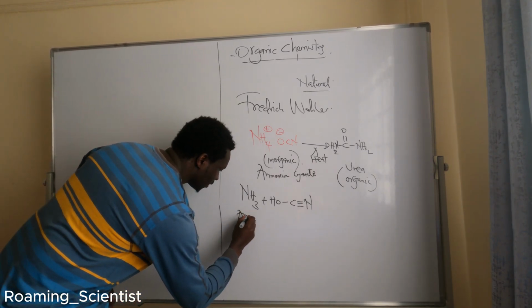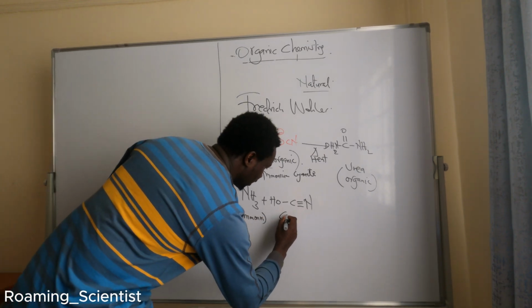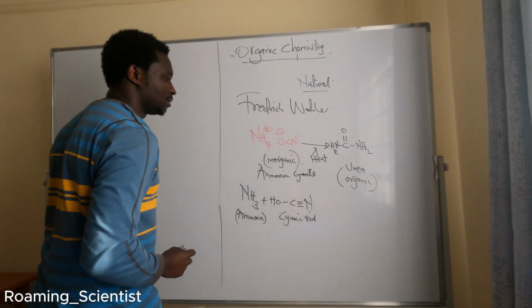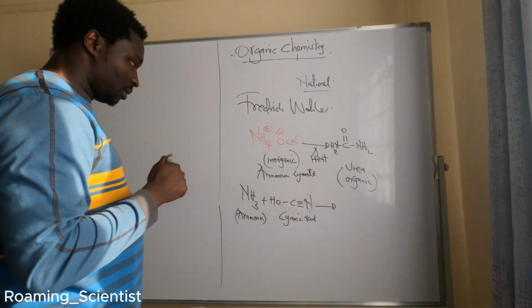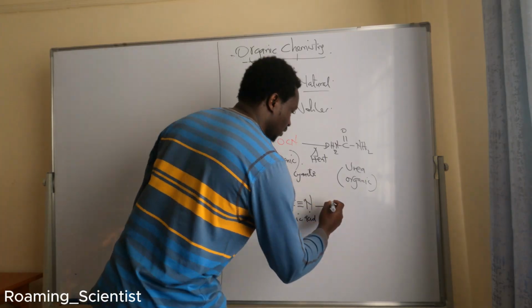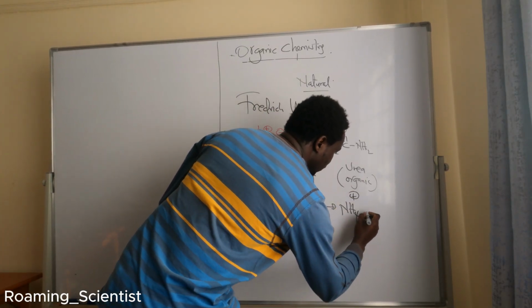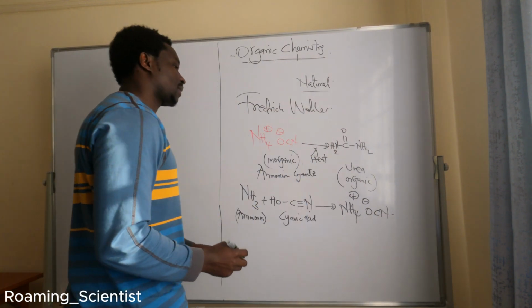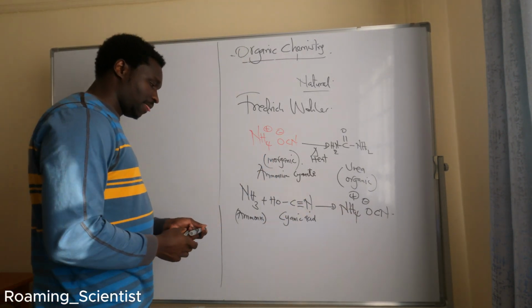So let me just write ammonia, cyanic acid, and then you form this NH4+ OCN-. Now let me show you how we get this compound.